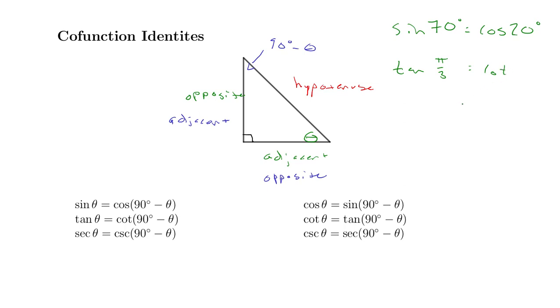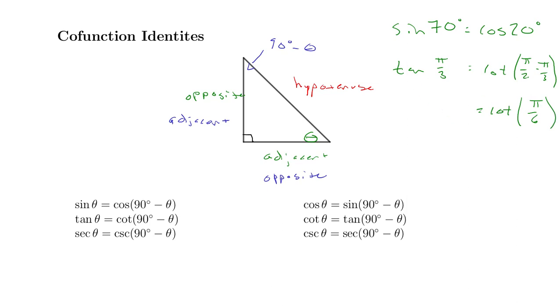That's going to be pi over 2 minus pi over 3. That is cotangent of... that's 3 pi over 6 minus 2 pi over 6, so that's pi over 6.